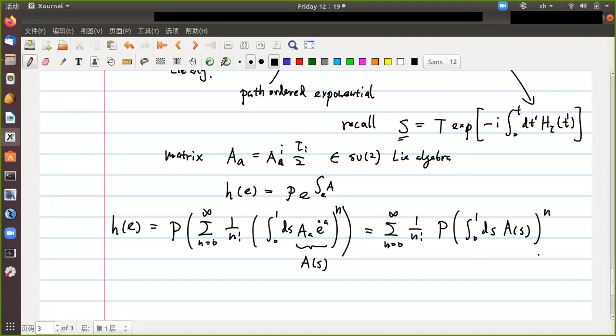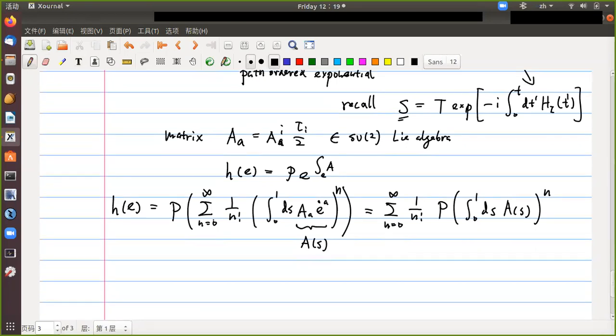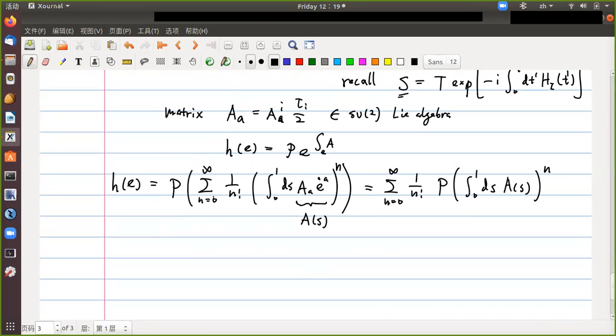So P acts on the monomial of integrals over A. Now you can expand the sum. The leading order is n equals 0, which is just 1, and P acts on the identity. The identity is independent of the path order, so it's just 1, plus the linear order, integral from 0 to 1 ds of A.